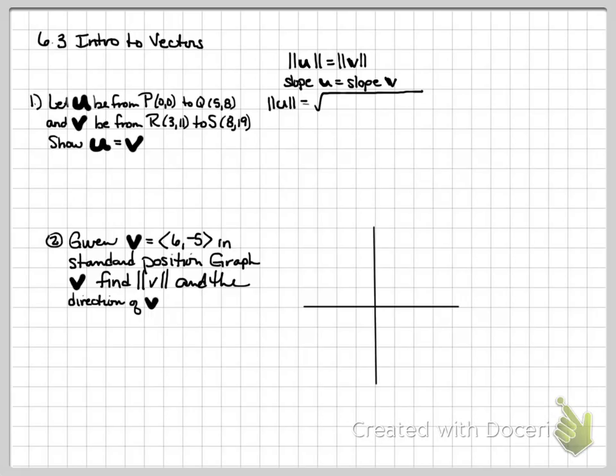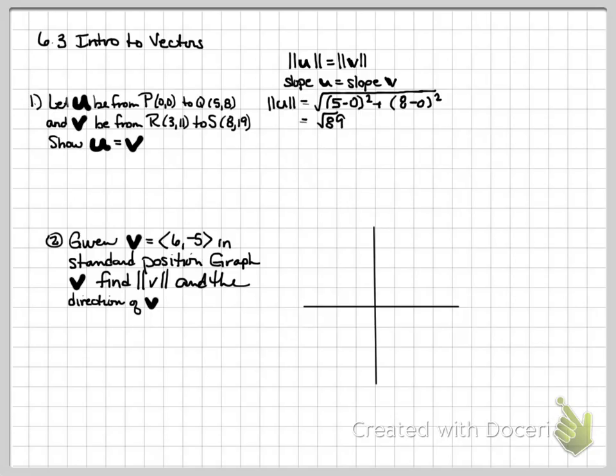So it ends up at Q. So I'm going to go 5 minus 0 squared plus 8 minus 0 squared. Simplify that, and that gives me the square root of 89.